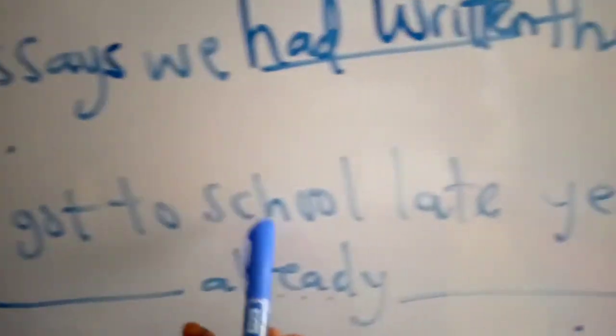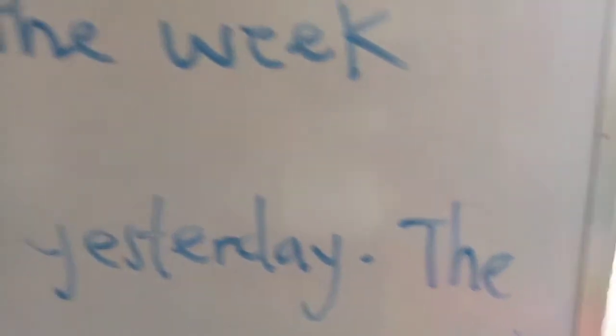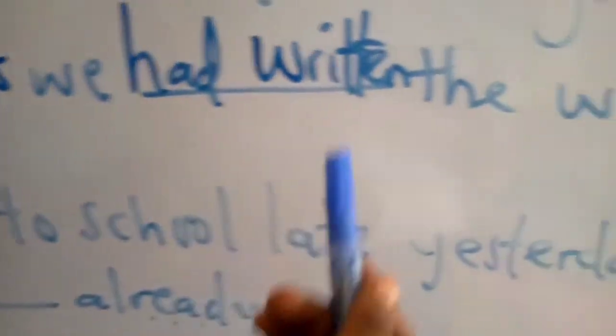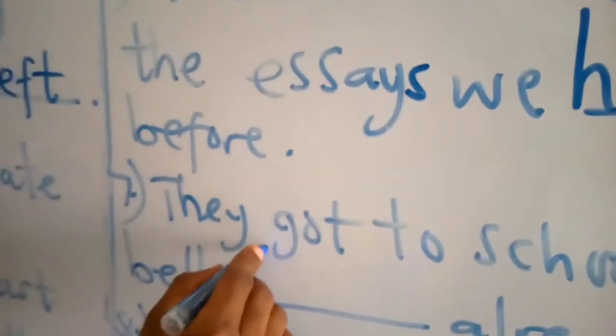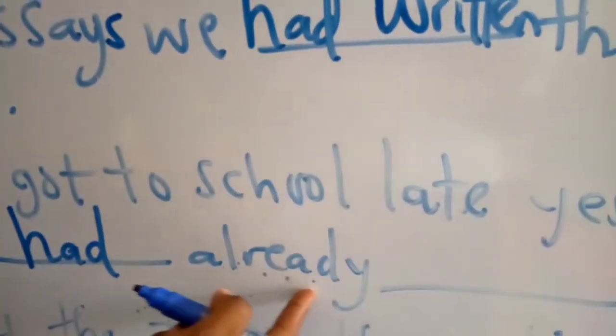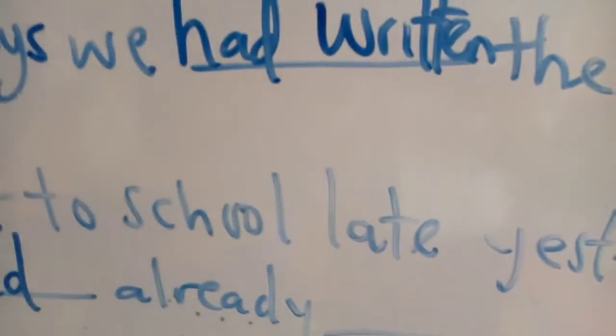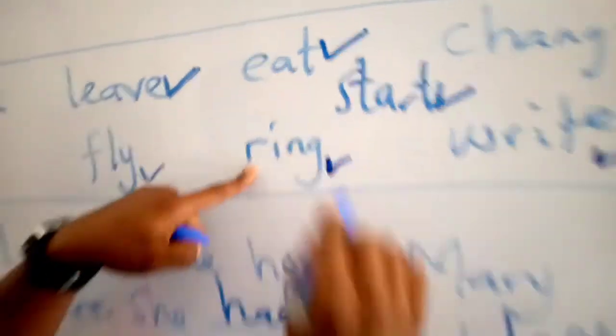All right, let's move to number 7. They got to school late yesterday. The bell, what will be here? Fantastic. Had already, what is the past participle for ring? Rang.